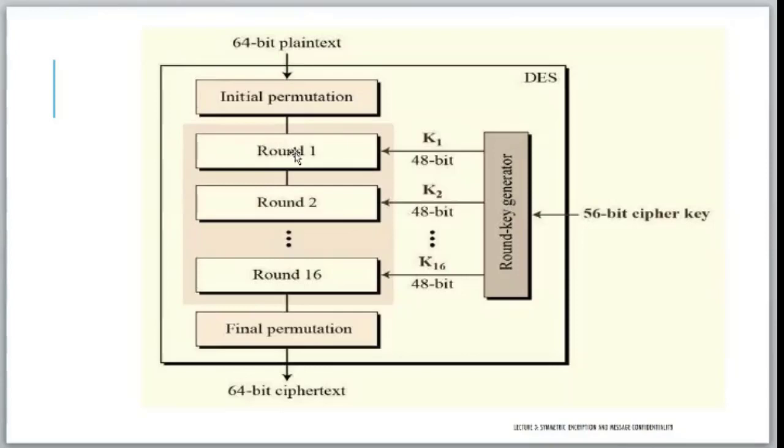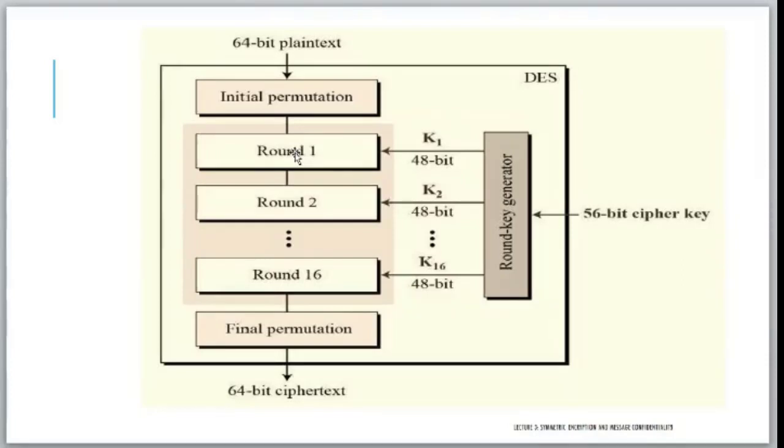In the round, we are taking only 32 bits, sending them into expansion, and converting them into 48. Then we apply the exclusive OR operation with the 48 bits of key. The output is 48 bits.